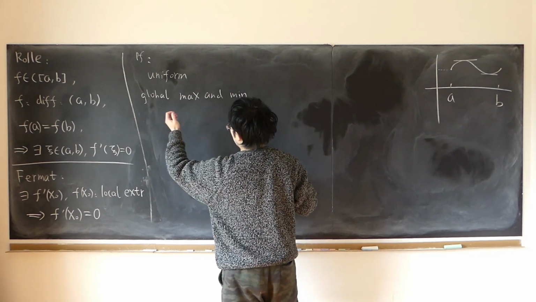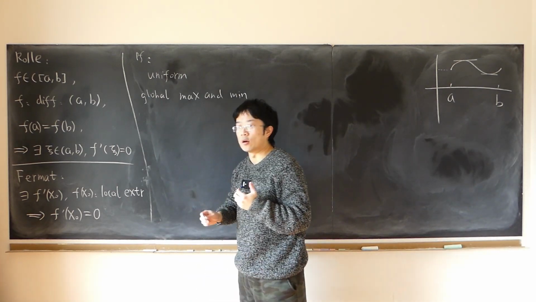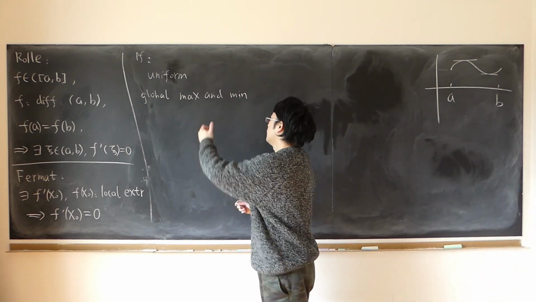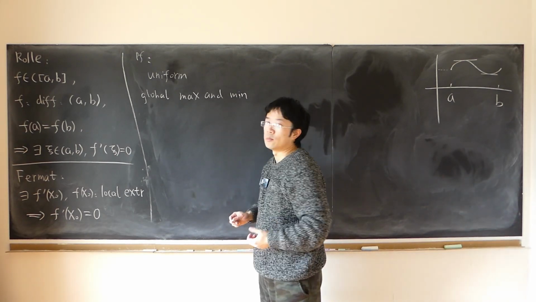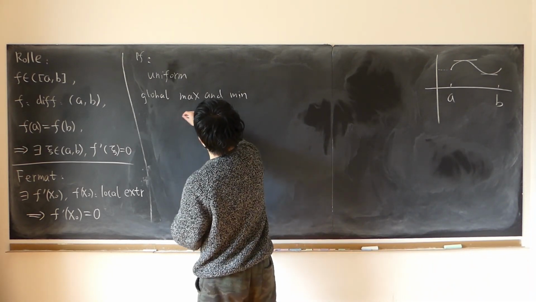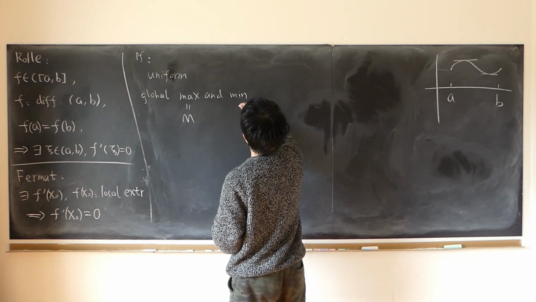Right? A local extremum does not imply a global maximum or minimum, but a global maximum and minimum has to imply a local minimum and local maximum.